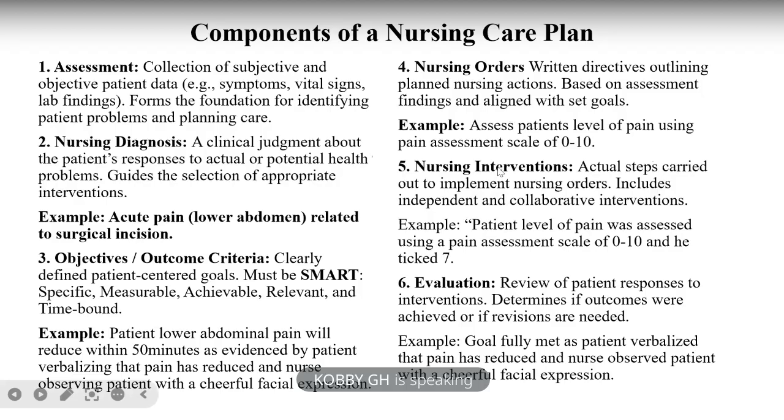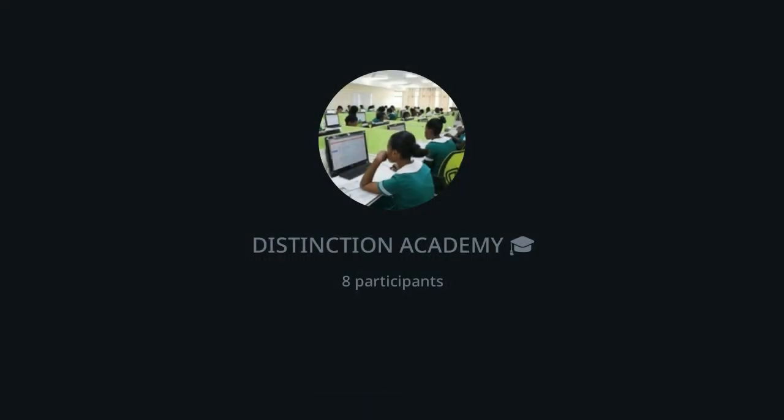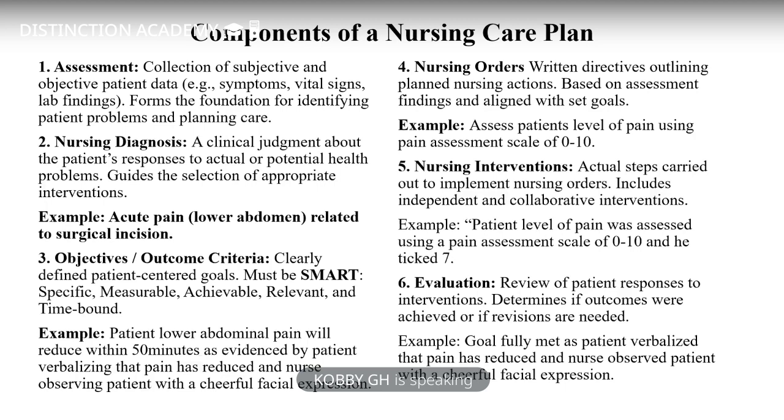Don't write, I will assess patient's level of pain. No, it's not a proposal. It's an order. So instead of writing, I will assess patient's level of pain, it's like you are giving an instruction. Okay, so be careful with the language, how you choose the language when you are writing this side.